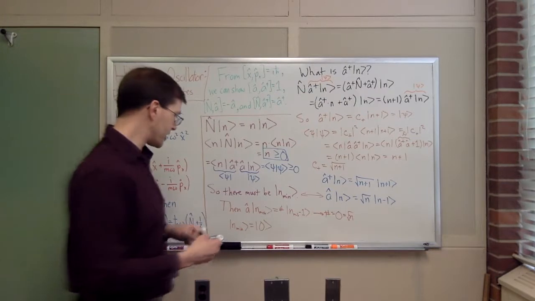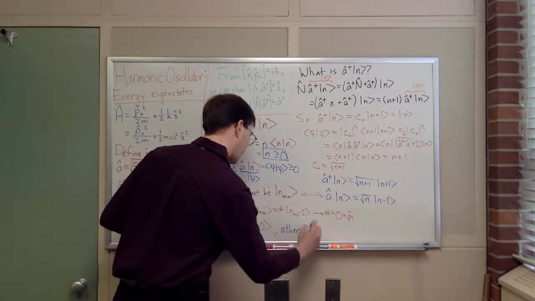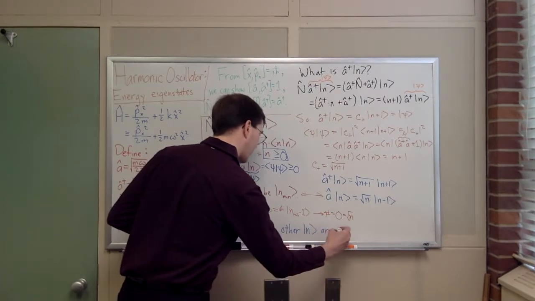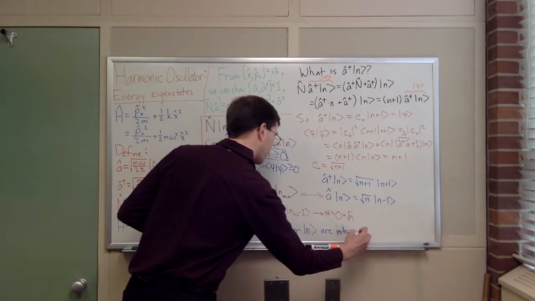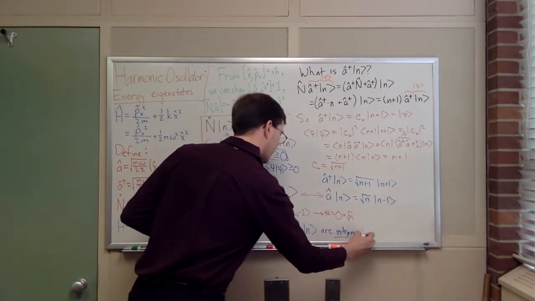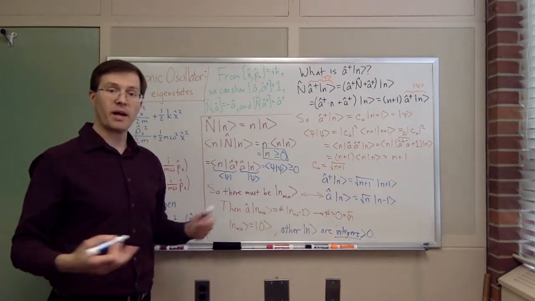So only integer states are allowed. Positive integers. So the minimum state is 0, and other states are positive integers.